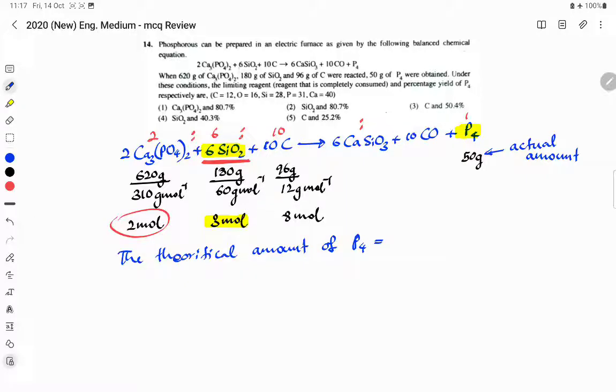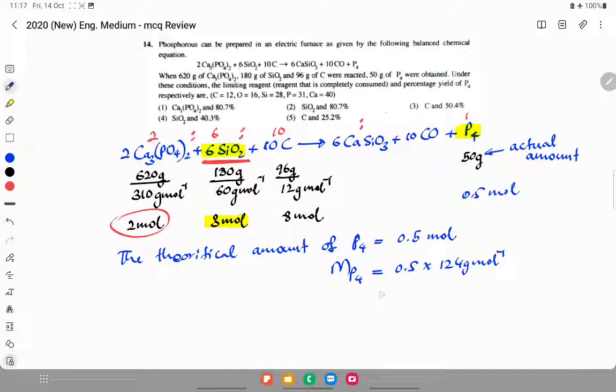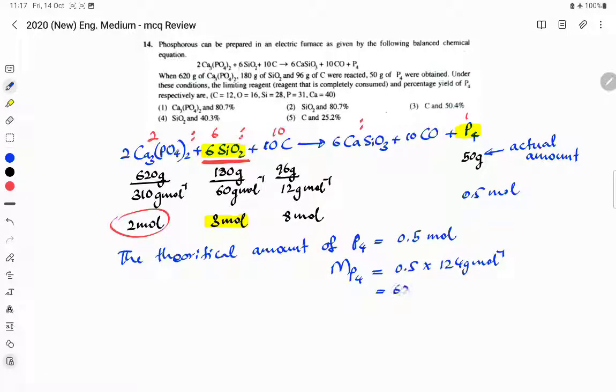That means we will be getting 0.5 moles of P4, right? 0.5 moles of P4. So the mass of P4 will be 0.5 into 124. This is the molar mass of P4. So it will be 62 grams. This is the theoretical mass. This is the actual mass. This is the theoretical mass.